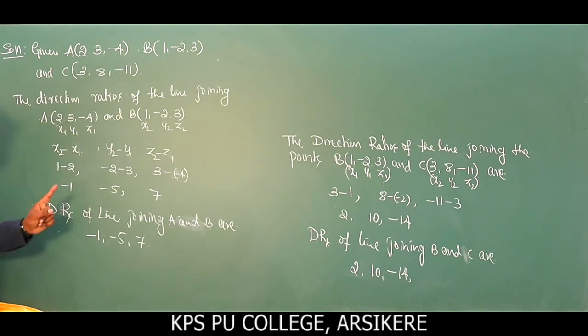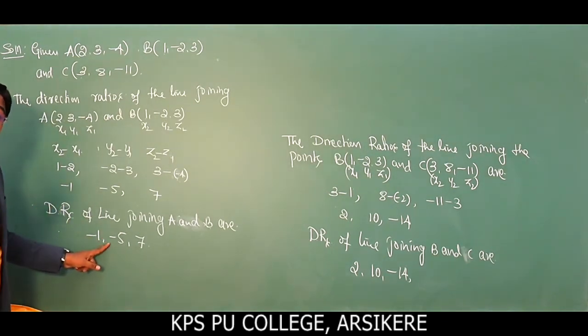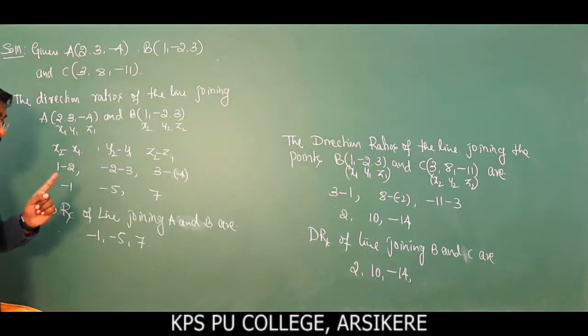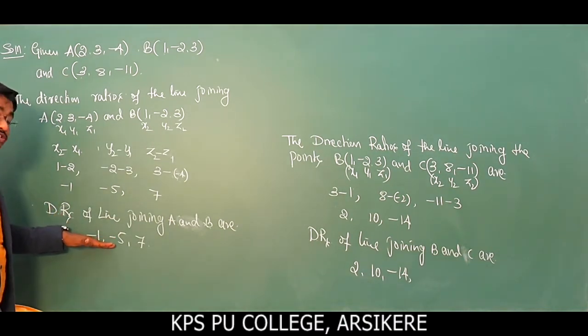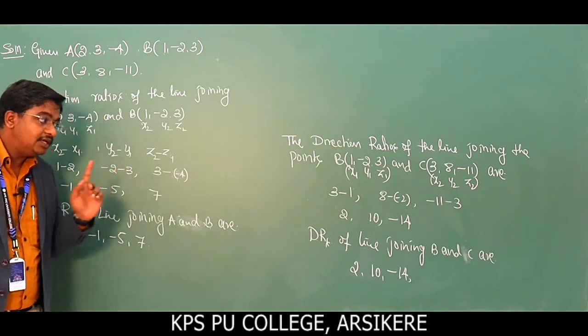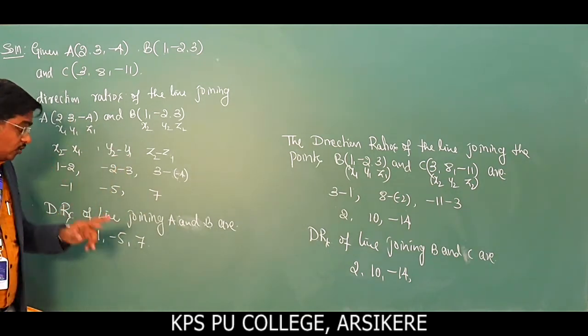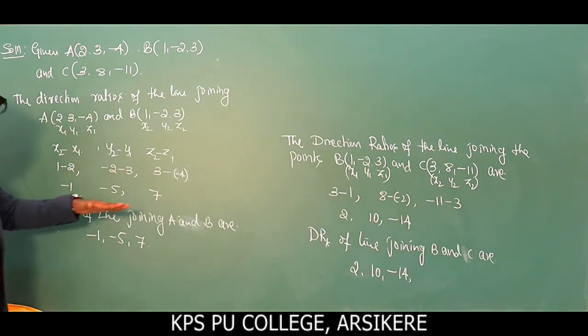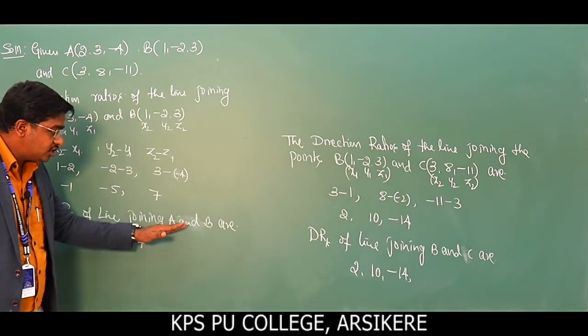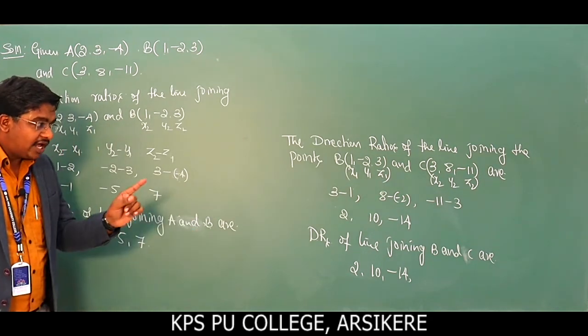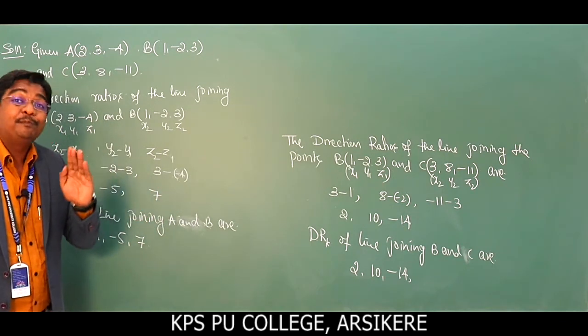The direction ratios of these two lines are proportional, hence the lines are parallel. But the point B is common to both AB and BC, hence the given 3 points are collinear. I repeat again, so take a note. The direction ratios of the lines joining AB and BC are proportional, hence the line joining A and B and the line joining the points B and C are parallel.